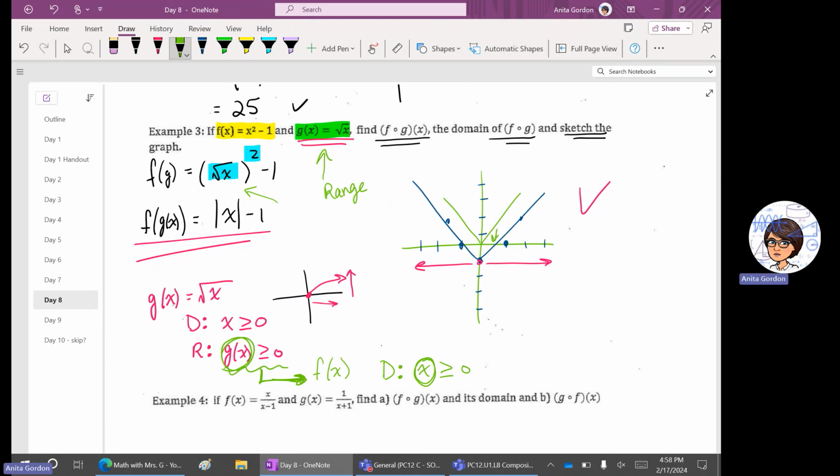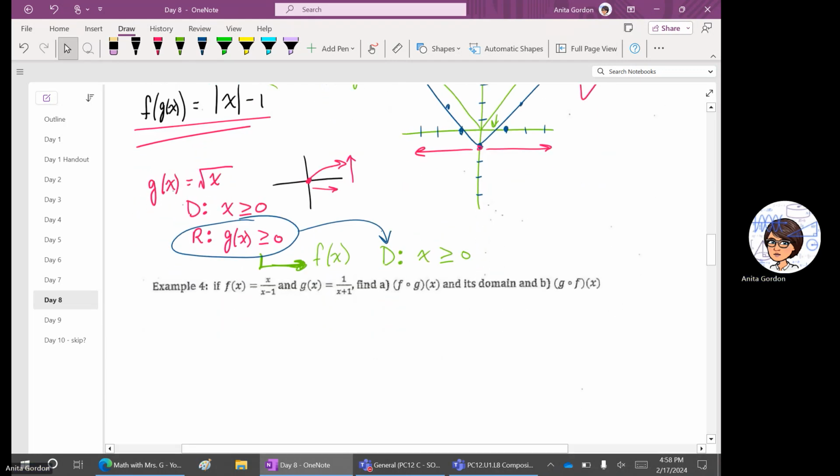Because the range of g, the output of the g function, becomes the input for the f function. So whatever the restriction on the range of g is, the same restriction will apply to the domain of f. We can talk about more details in class as well.